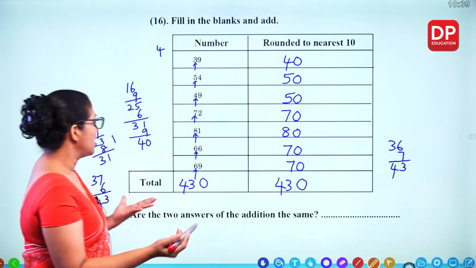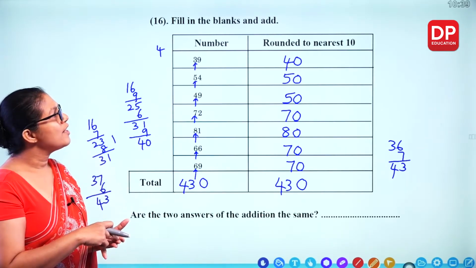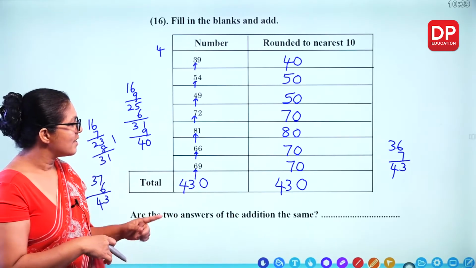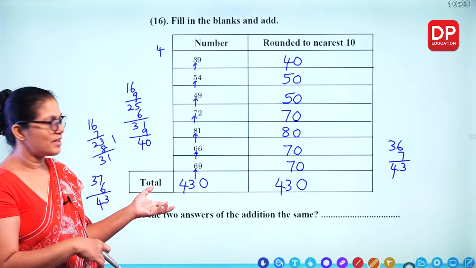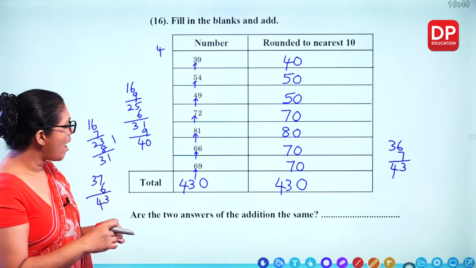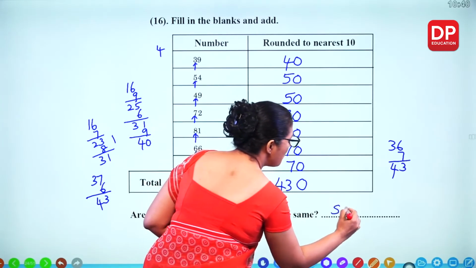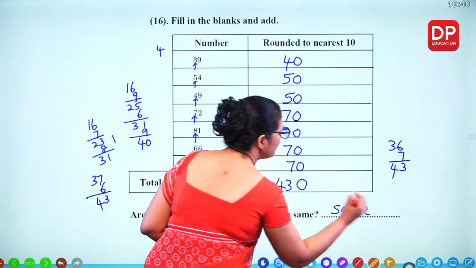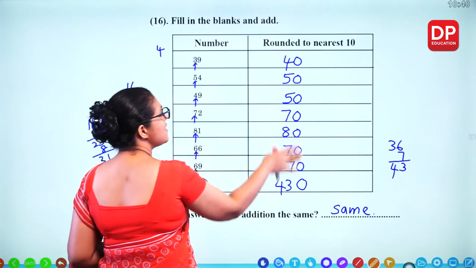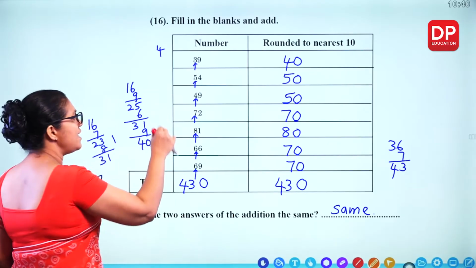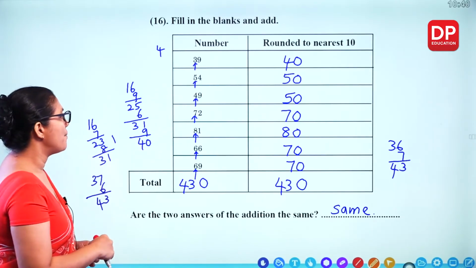Now see, when you rounded the value nearest to 10 and when you take the total or the actual total is the same. Are the two answers of the addition the same? Yes, you get the same answer. So this way is easy to add. Here you have to add each and every number.